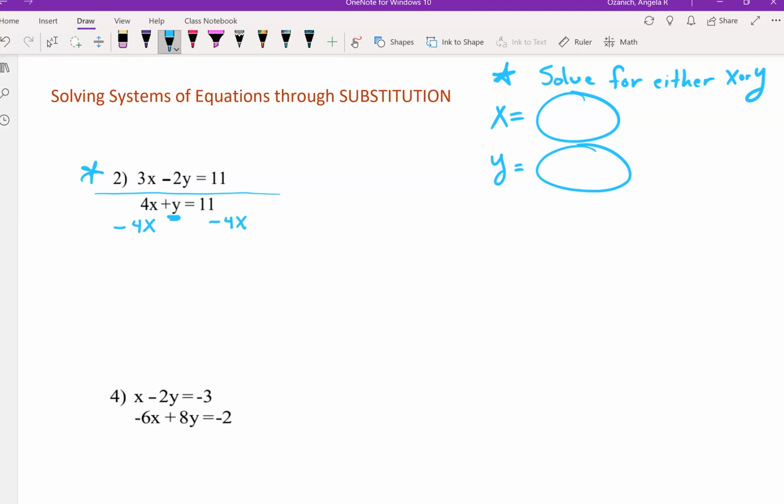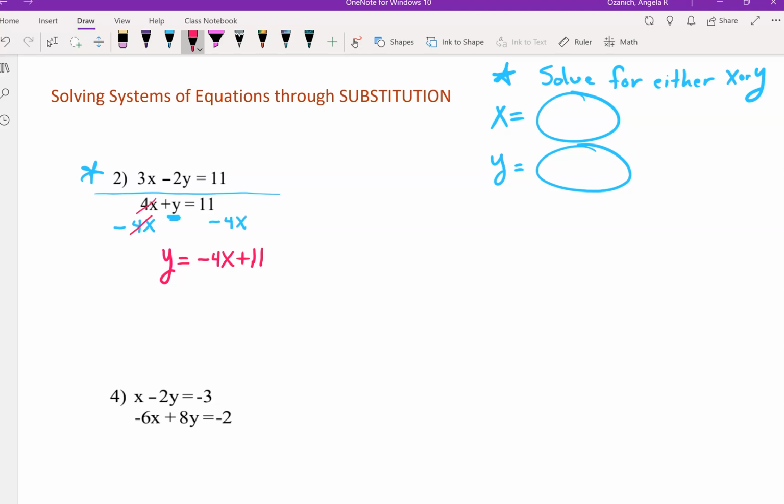So as I subtract 4x from both sides, I have a new equation. These are going to cancel, and I'm going to have a new equation that says y equals negative 4x plus 11. Remember, I can't combine those terms because one has a term with x in it and one is an integer, so I have to just leave it as an expression.